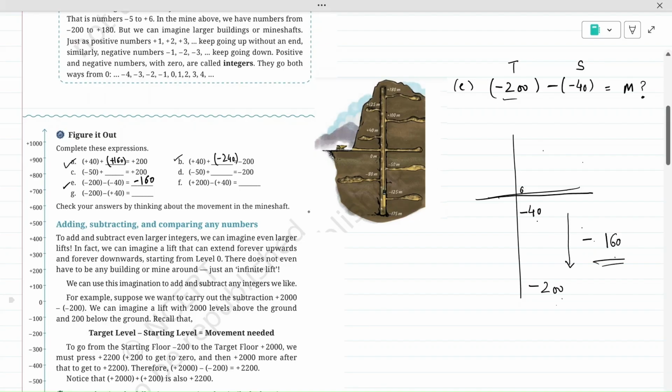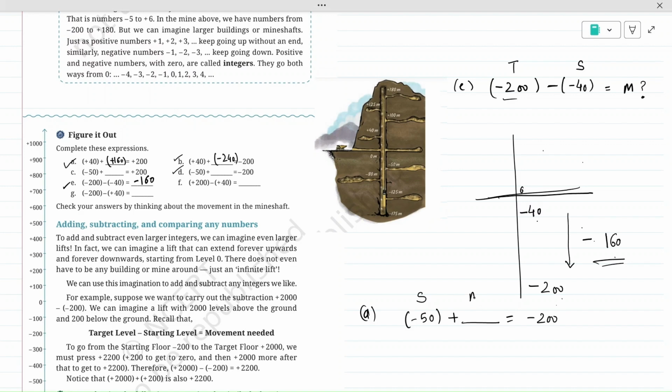Okay, now let me do one more question for you. Let me take the D part. So in the D part, what we have is minus 50 plus something will give us minus 200. This minus 50, that means this is my starting point.